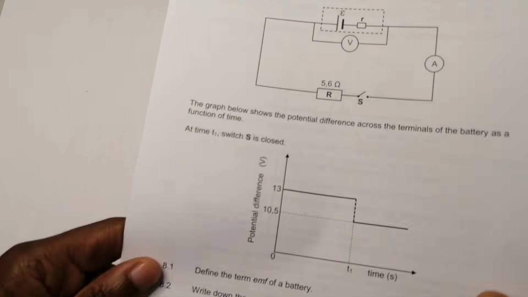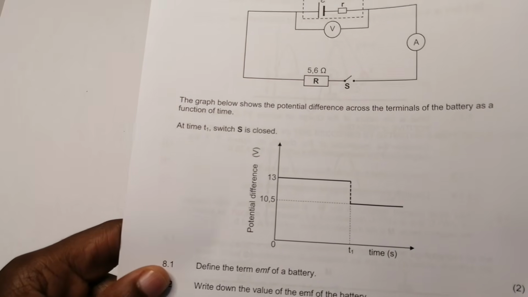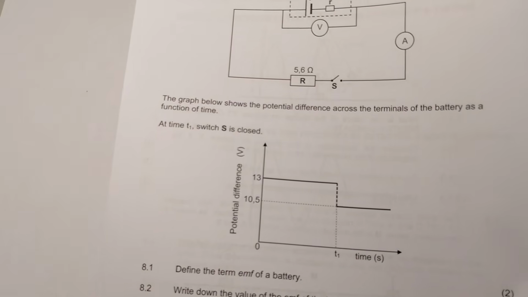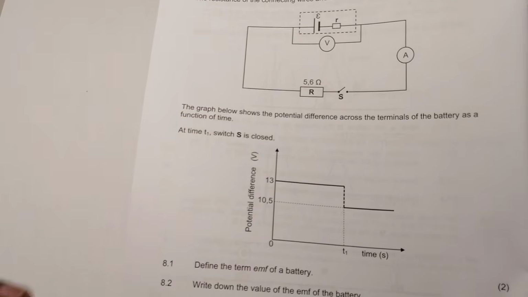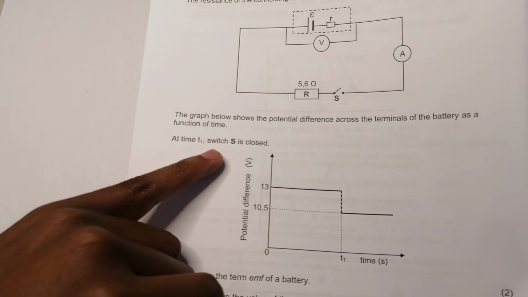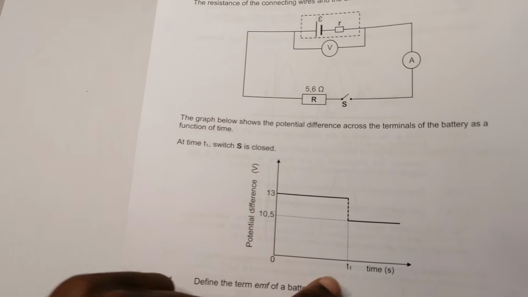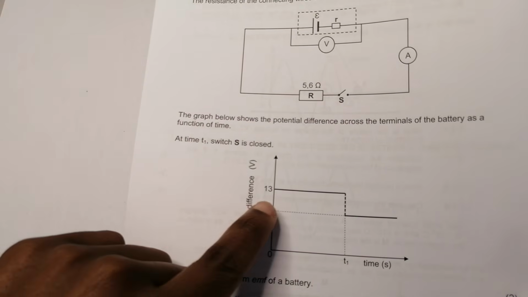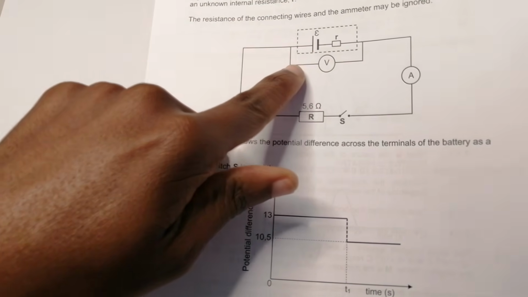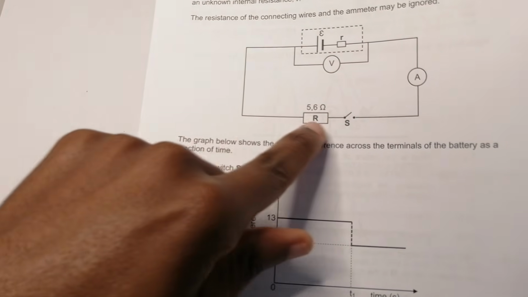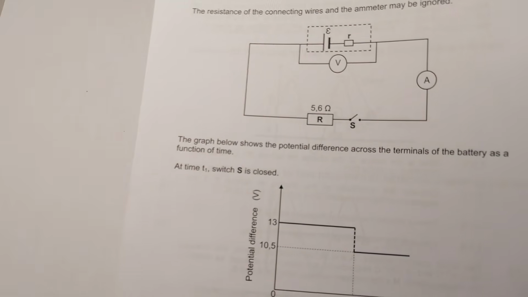Now they say the graph below shows the potential difference across the terminals of the battery as a function of time. Please note, they said at time t1 the switch is closed. They had a voltmeter there, and the switch was open all that time.